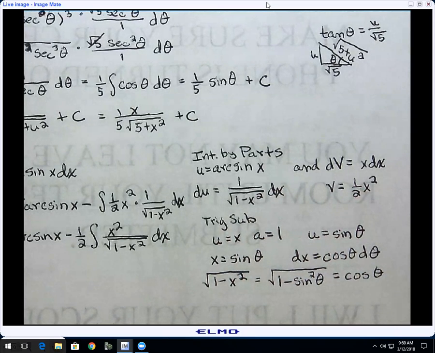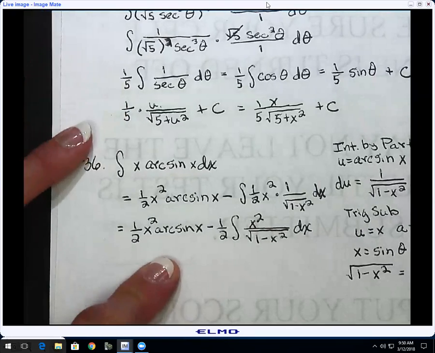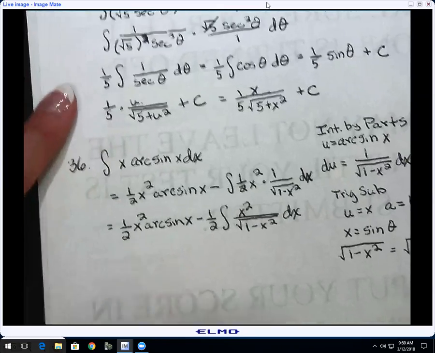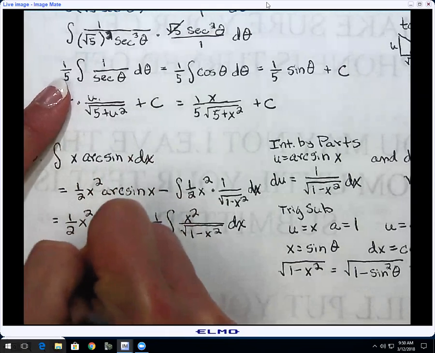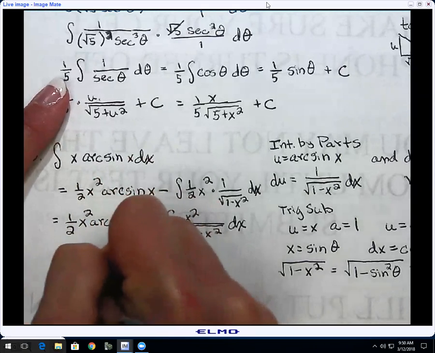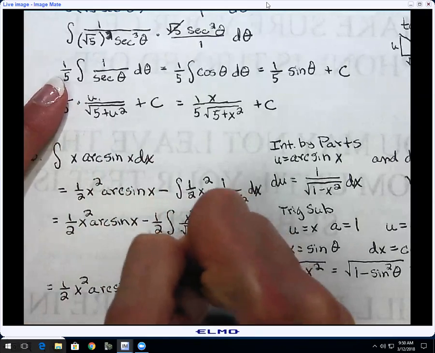So now I can go back to the left-hand side of my paper. And you know I don't like taking pieces of the problem apart. Even if it means I have to rewrite this 50 times, I'm not going to lose it. If I lose it once, I might lose it for good. So I'm just going to keep up with 1/2 x squared arcsine x minus 1/2.